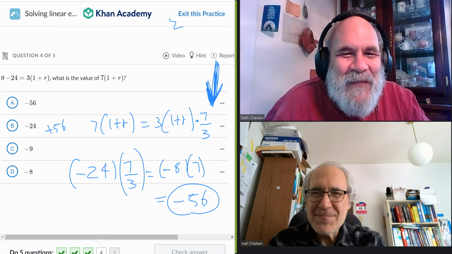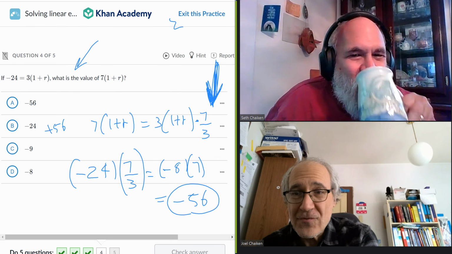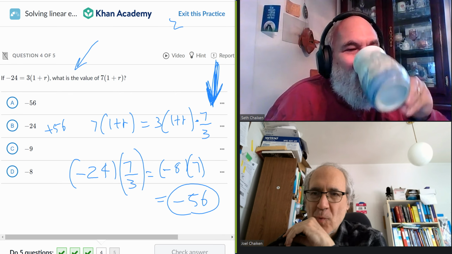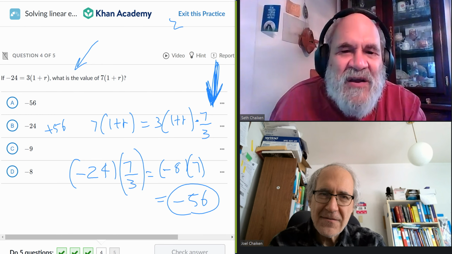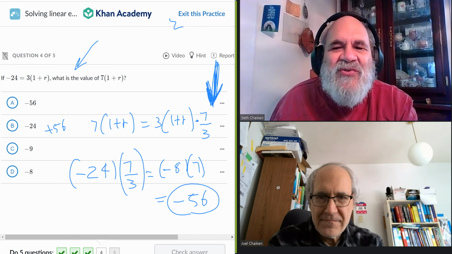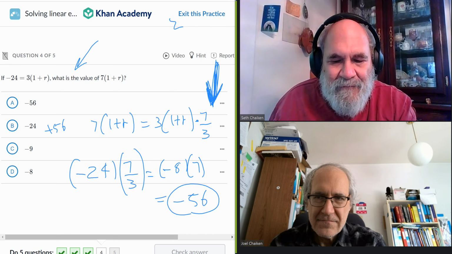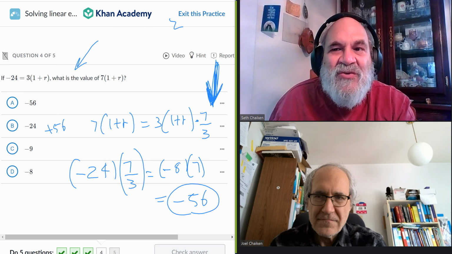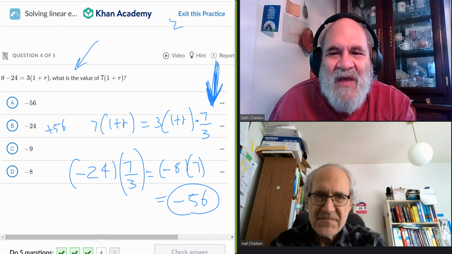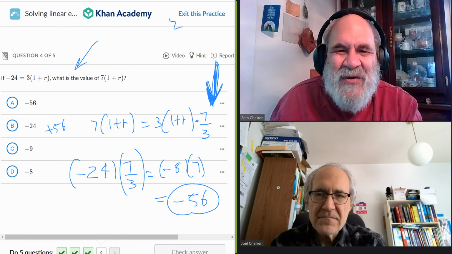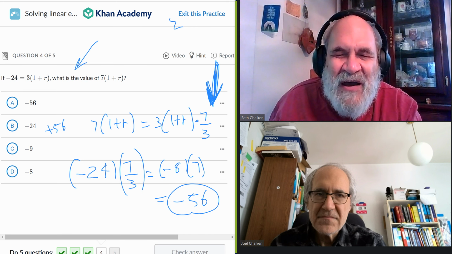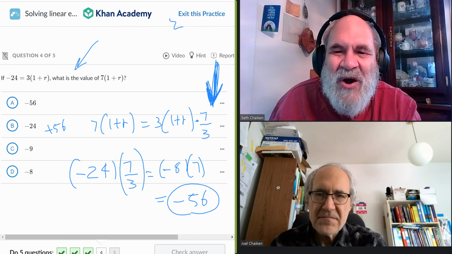Right. Now, this problem here at first glance may look really intimidating and like, what do you do? But once you get the hang of these, here's where the very first strategy is important to have in your brain. The question is, what's the question? What is the value of 7 times parenthesis 1 plus r?